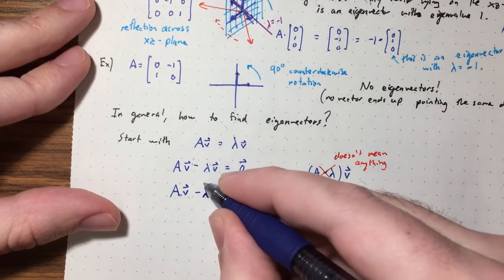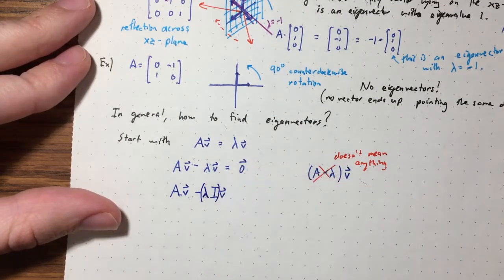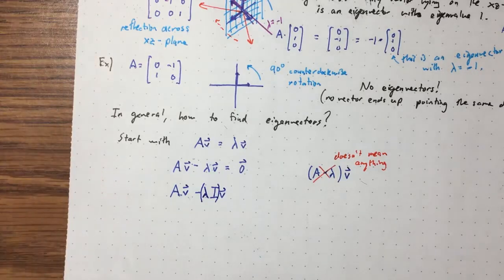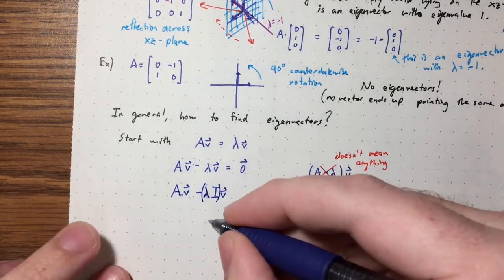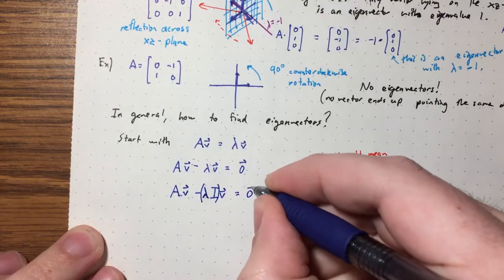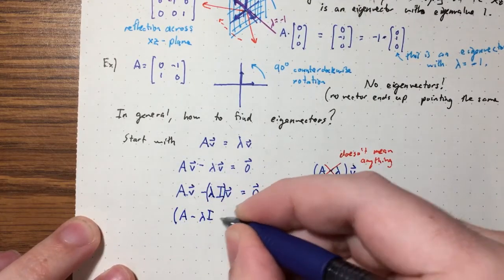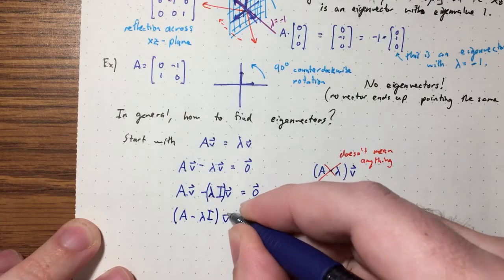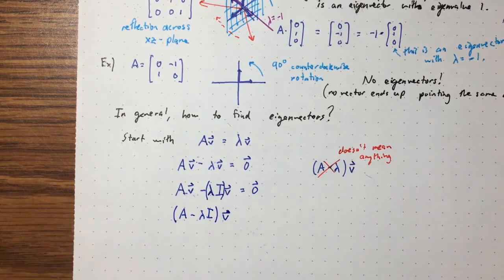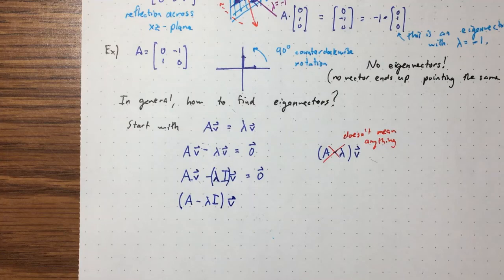But now I'm going to rewrite the parentheses here. I'm going to now factor out the V. Let me just write this whole equation again. So I have A minus lambda I times V. Okay, I'm doing the distributive property in reverse, factoring out the V.